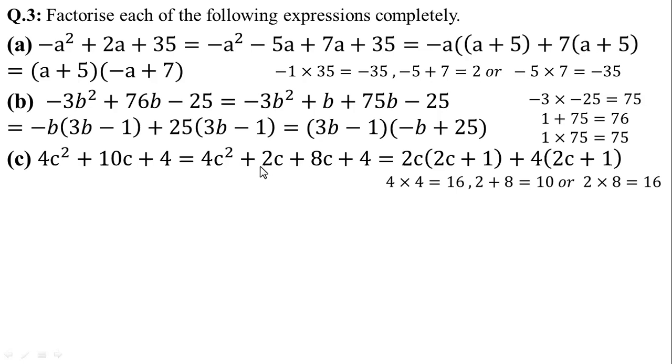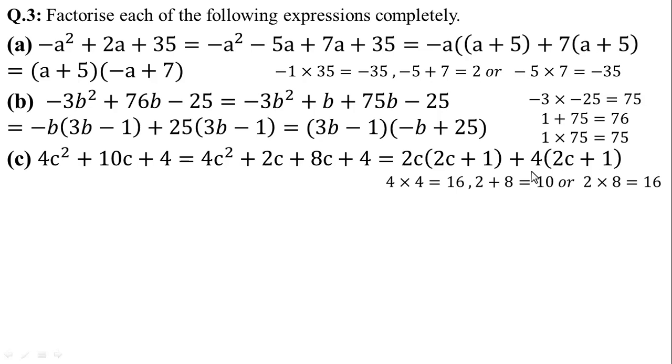First of all, 2c is common in the first two values. 2c into 2c, and plus 1, since 2c is common and the remaining answer is 1. So 2c into 2c plus 1, and both last values are divisible by 4. So taking 4 common, the remaining answer is 2c plus 1.